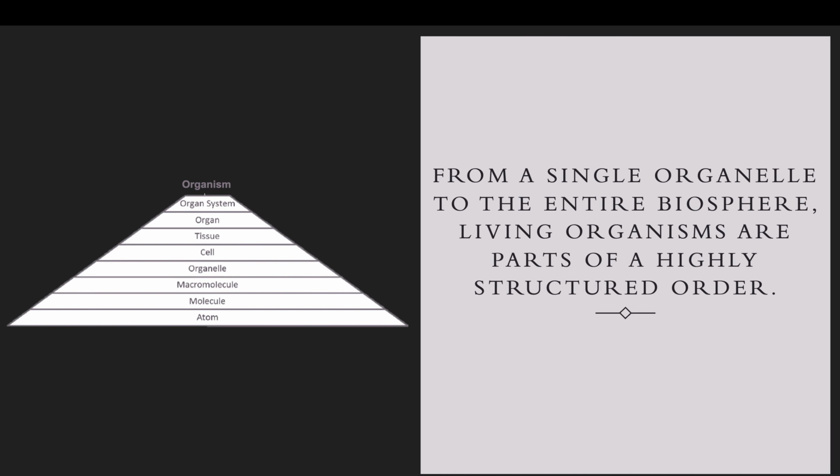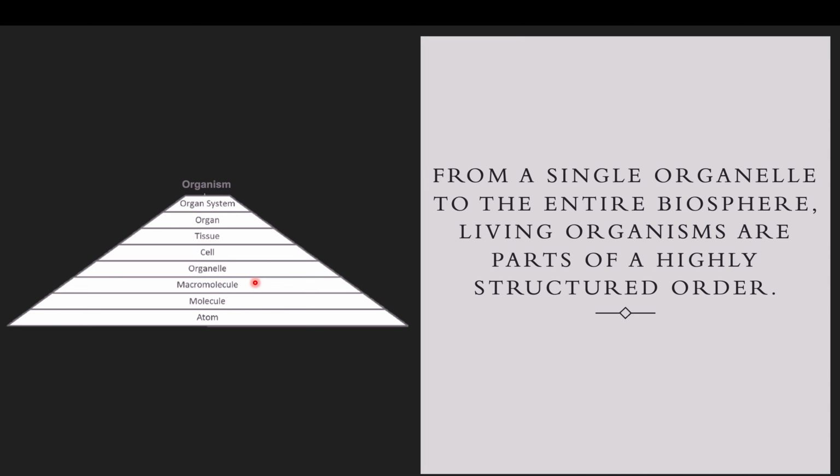So I wanted to find a way to sum up what your book is talking about here, and also what I've covered. On the left side, you're going to see a pyramid structure, starting on the bottom with atom, which is what we started covering when we started talking about order. Talking from smallest to largest, atom would be your smallest. Atoms form molecules together.